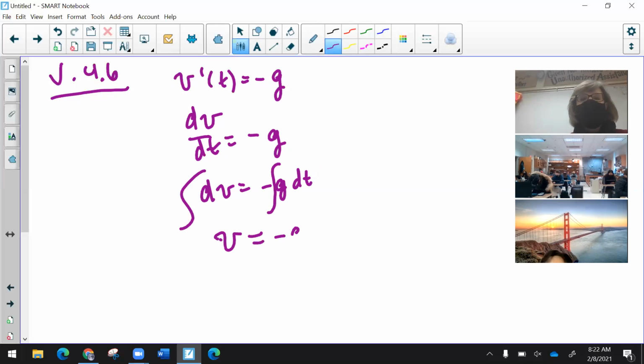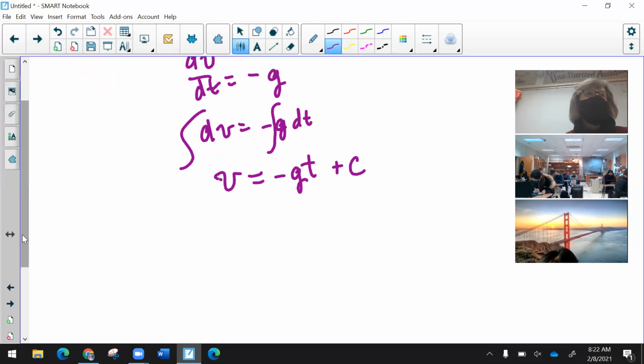I've got this negative g, and the antiderivative of dt is t, but of course I have a plus c. And then I believe you have an initial condition, right? It tells you v of 0 is equal to 0. So I can use that initial condition to help me figure out what c is.